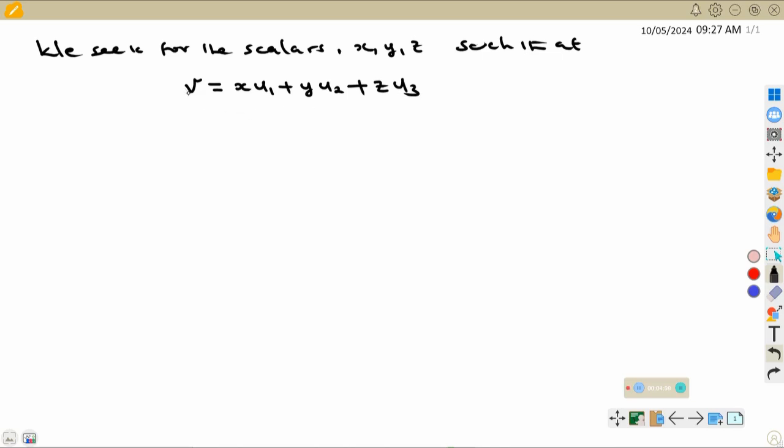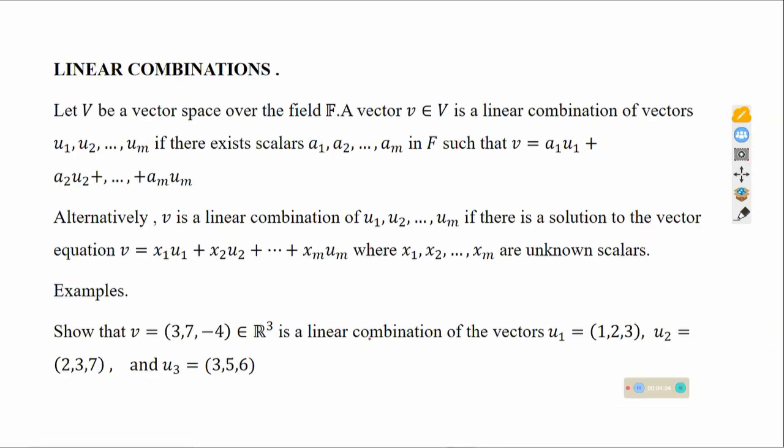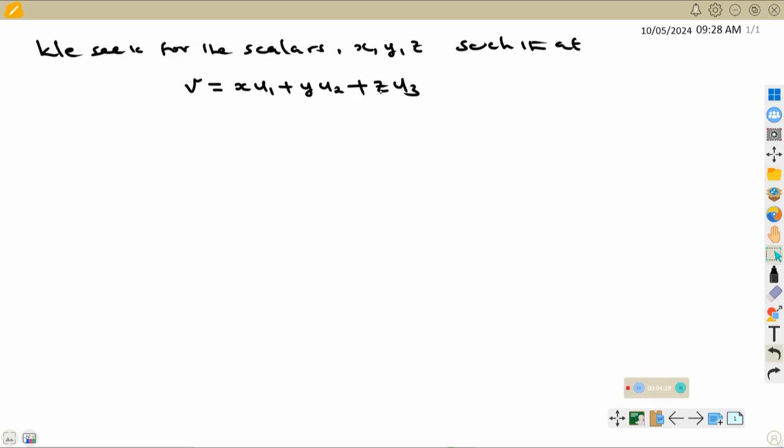So you want to write v as a combination of the given scalars, which we have let to be x, y, and z. Then together you want to show that this v can be written as a combination of these vectors together with scalars. That is by definition. So you must have scalars to get the linear combination of v in terms of u1, u2, and u3.